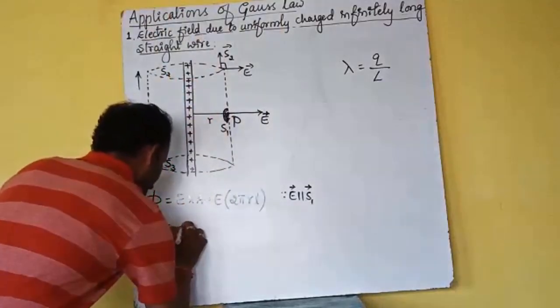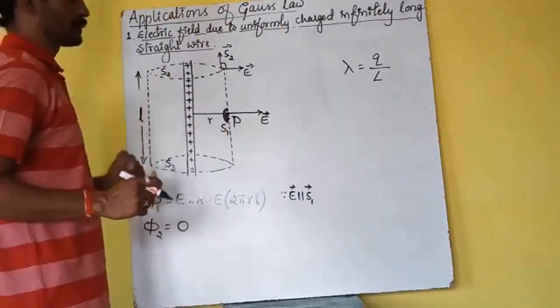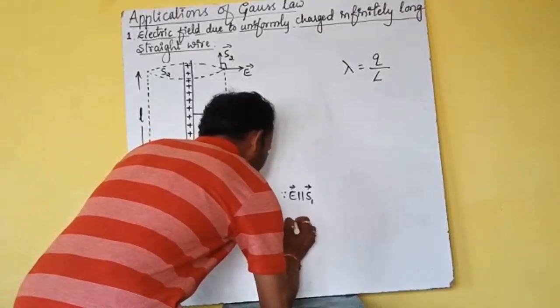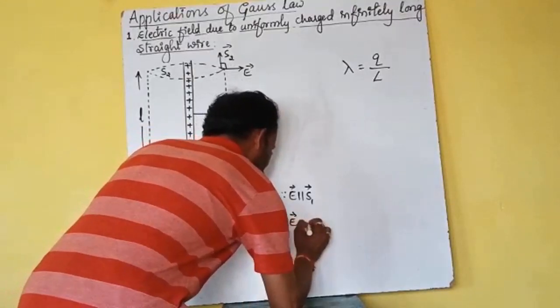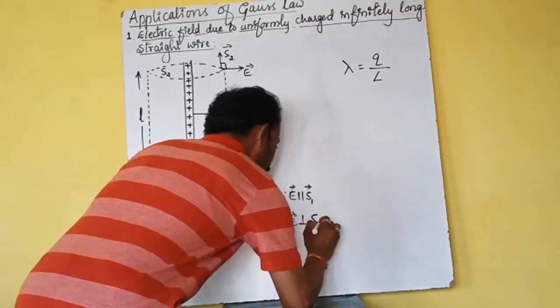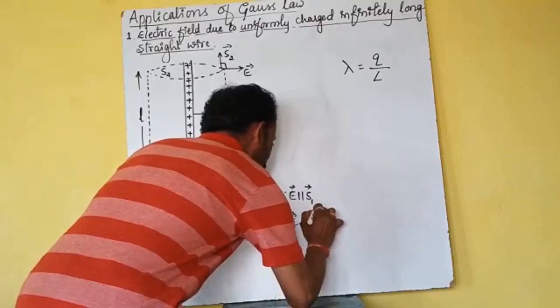Therefore, the electric flux through the plane surface S2 is 0 because the electric field vector is perpendicular to area vector S2.